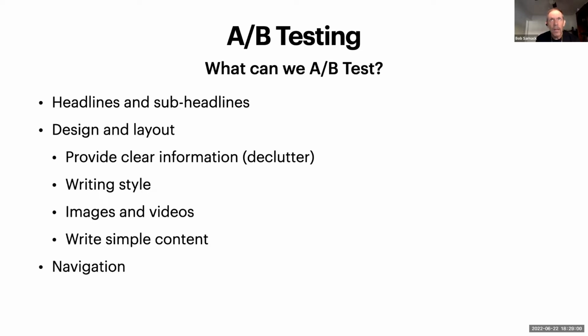We can also A/B test navigation. Another element of our website that we can optimize by A/B testing is our website's navigation. It is the most crucial element when it comes to delivering an excellent user experience. Make sure we have a clear path for our website structure and how different pages will be linked to each other and interact within that structure.